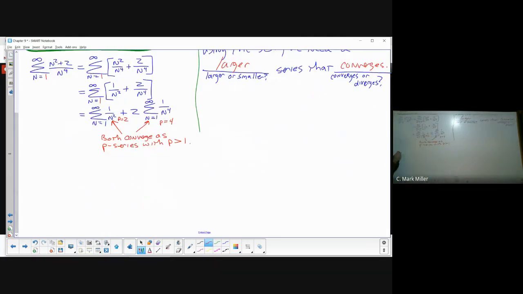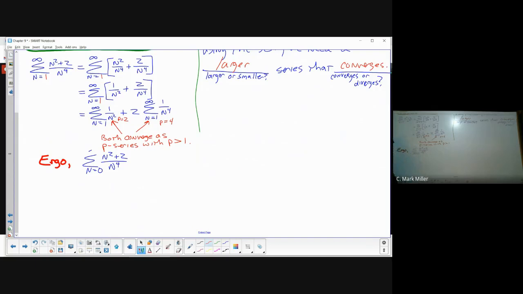Ergo, sigma of n squared plus 2 over n to the fourth, n equals 0 to infinity.